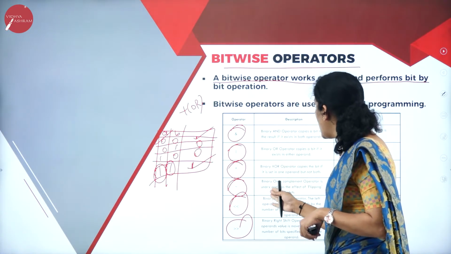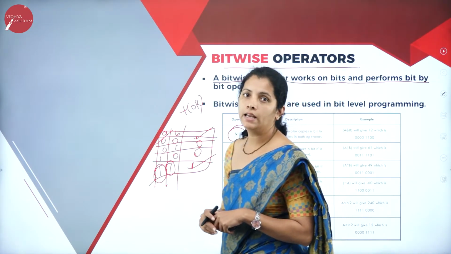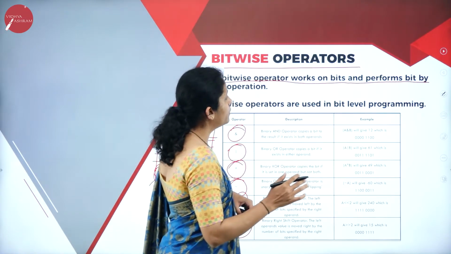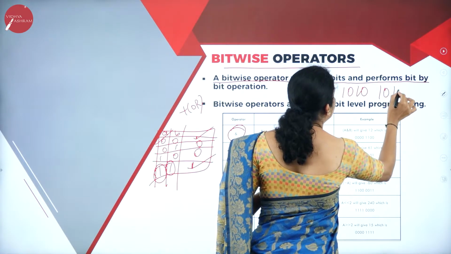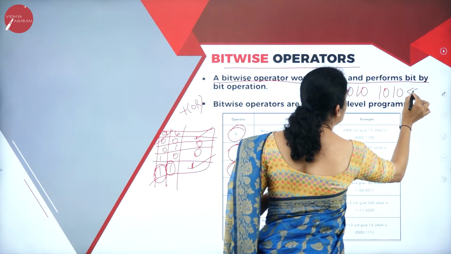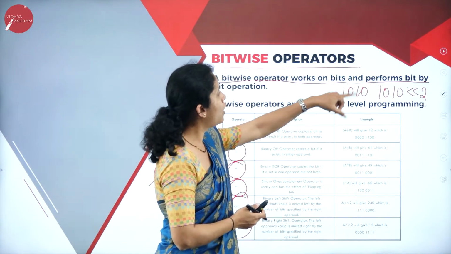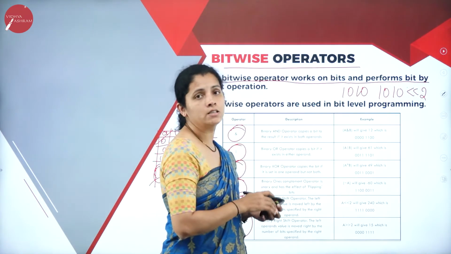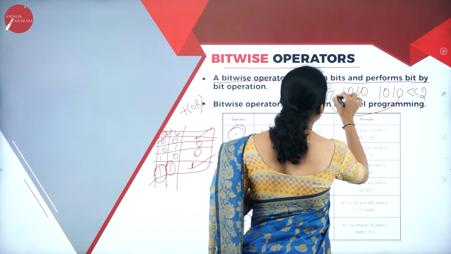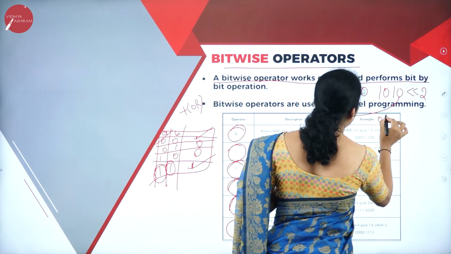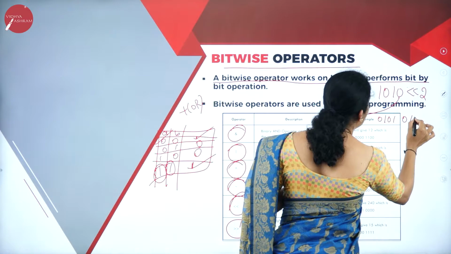And you're going to have the binary left shift operator and binary right shift operator. For example, consider that this is your 8-bit number and you want to shift towards right. How many bits do you want to shift? That is 2 bits. So at the beginning this 0 is placed at the end, that is 0, 1, 0, 1, and this 0 is shifted here 1, 0, 1.